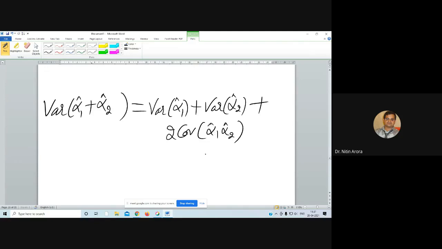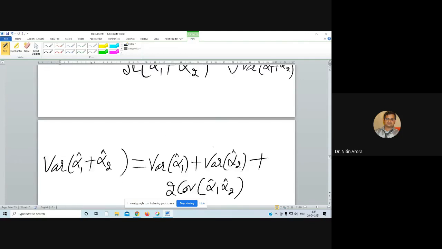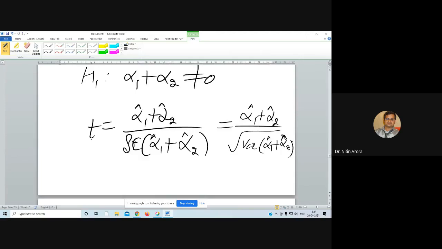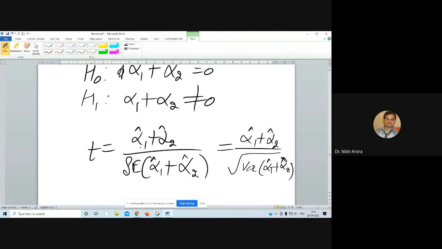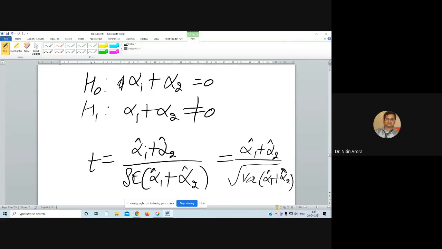So using this formula, we can compute the t statistic for the joint coefficient alpha 1 cap plus alpha 2 cap and see whether the sum of the two coefficients is statistically significant or not.